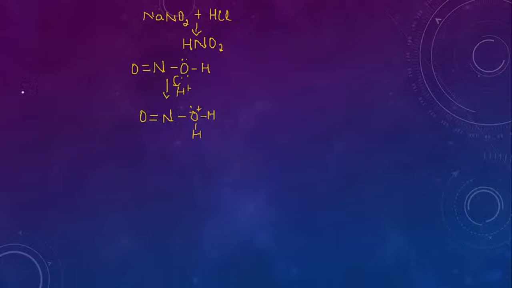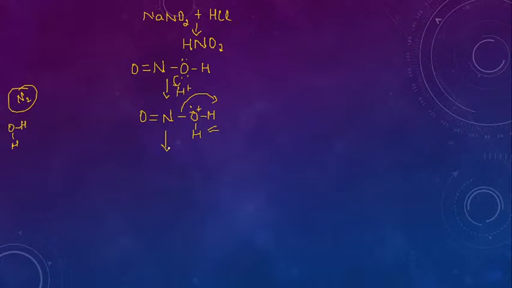And I told you, the N2 group, the diazonium group, is a good leaving group. The same way, students, wherever you find H2O, the H2O is also a good leaving group. So here a bond breaks, cleavage of bond, and this part can go out as H2O.